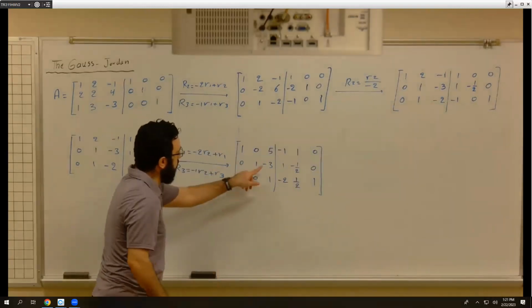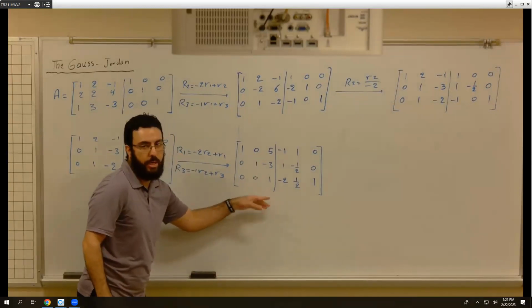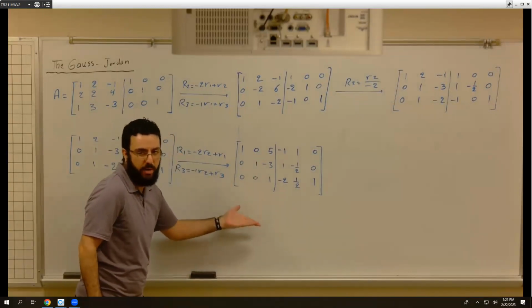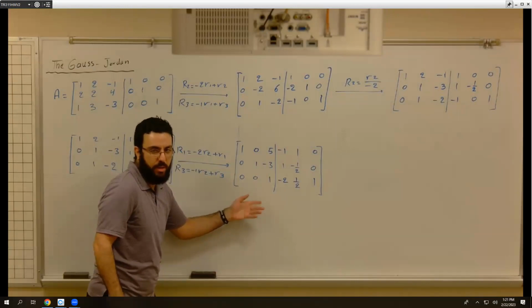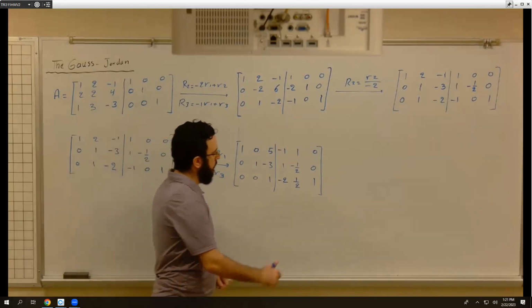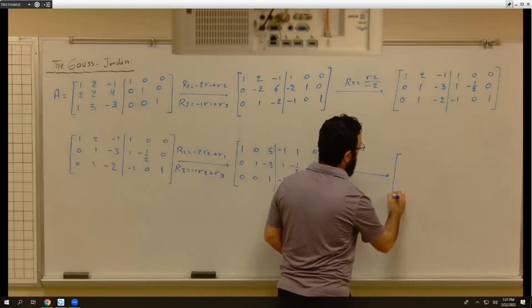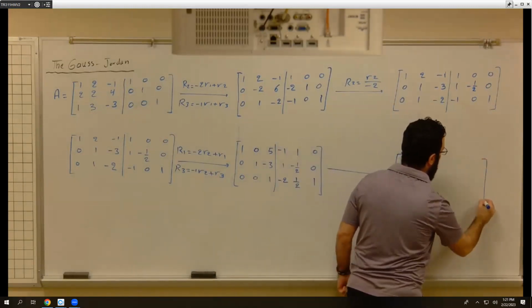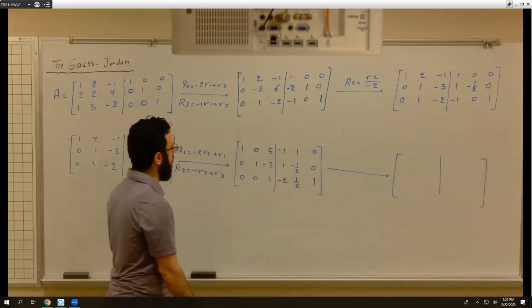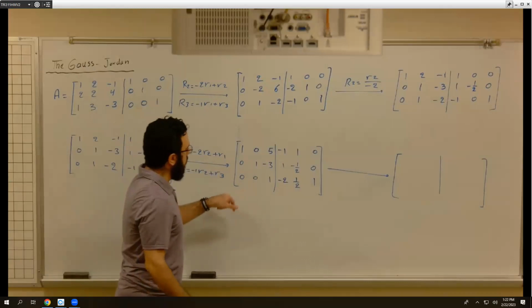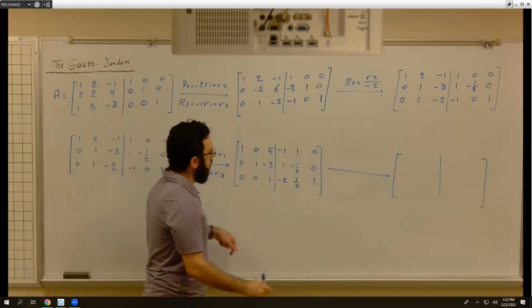Perfect, we get the zeros here. Because it's already one, I don't need to divide it by one. This number is already one, so I need to convert these two numbers to zeros. We're going to do two steps at the same time. Here's going to be the result. It's the inverse. So 1 0 0, no change here.